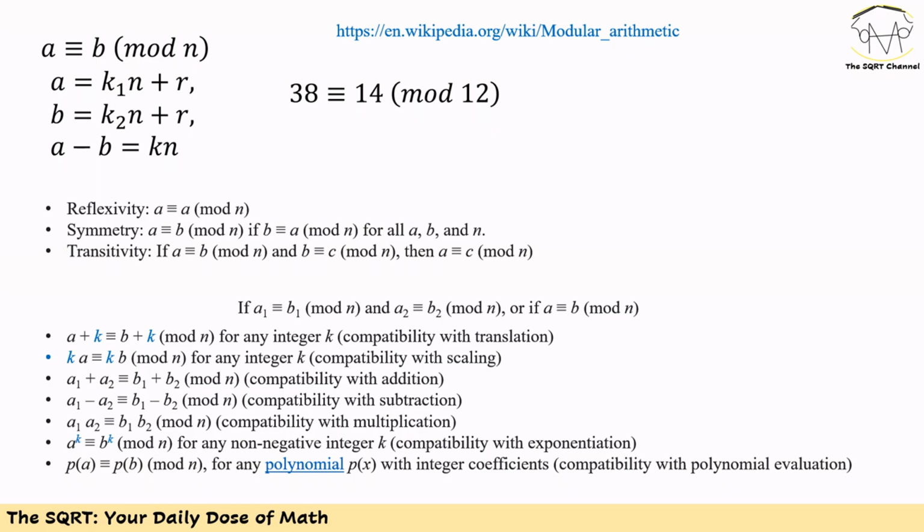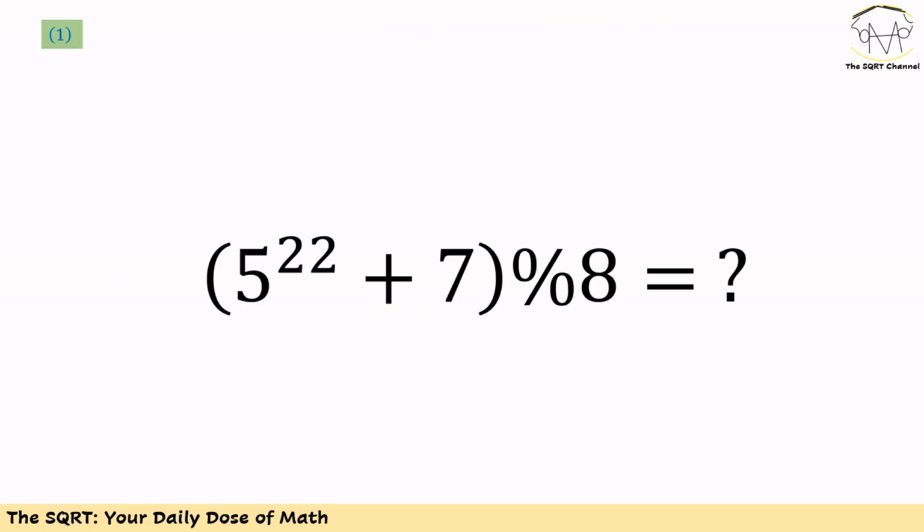For the last thing, we are going to say if a and b are congruent for modulus n and we have a polynomial like p with just integer coefficients, then p of a is going to be congruent with p of b for the same modulus n. With all these, let's start to talk about the solutions.